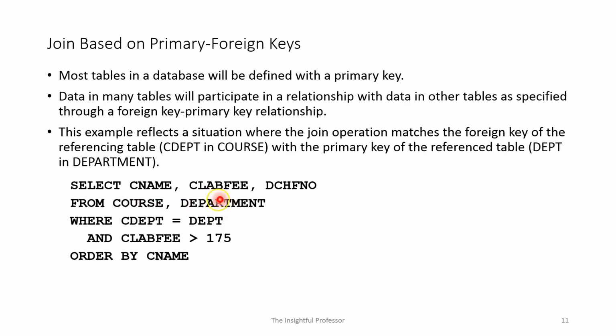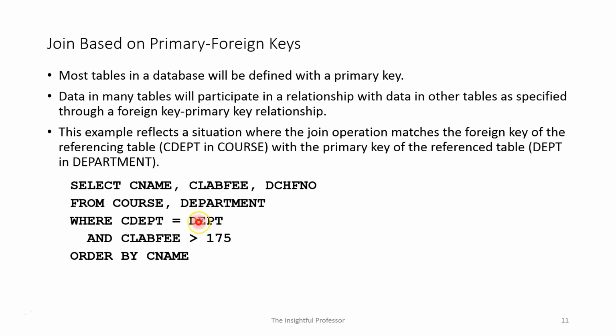For each department, that department sponsors or is responsible for many courses. A given course is sponsored by, or the responsibility of, exactly one department. So we have a true relationship that exists here, and that relationship has been defined to the database. So referential integrity is in play.